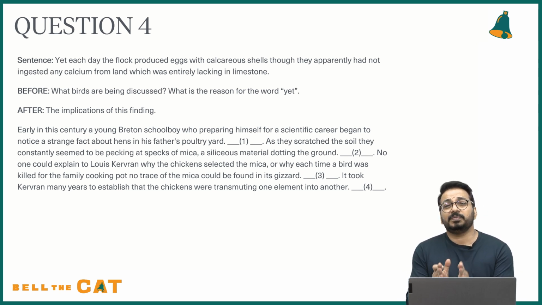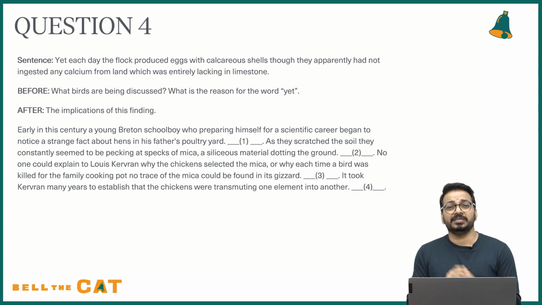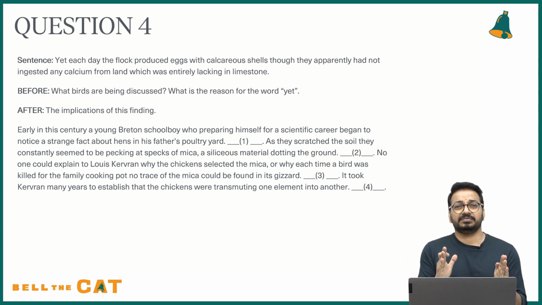Now, what's the best place for this? Option 3 or option 4, right? If it's option 4, what element is getting transferred from one to the other? We do not know, because there is no reference to that if this comes at the end. But if it exactly comes in option 3, if that is where the missing sentence needs to be placed, it makes a lot of sense, right? Yet each day the flocks produce eggs. The entire part of mica is given, right? That hens are pecking at mica.